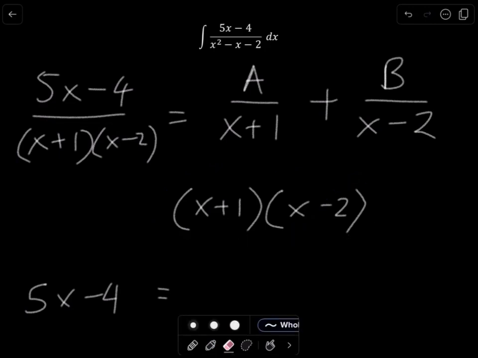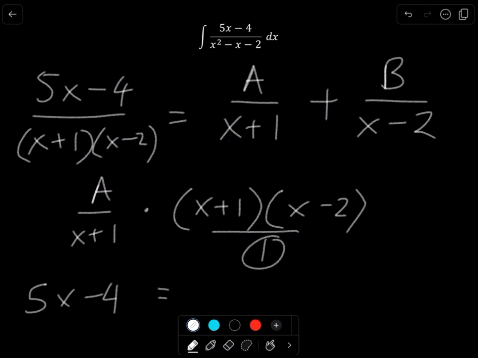So I'm going to multiply a into x plus 1. In fact, let me write it out here so you can see it. A over x plus 1 multiplied by x plus 1 into x minus 2 over 1. You can write the 1 there, it doesn't matter. Can you see how the x plus 1 and the x plus 1 will cancel off? But the x minus 2 does not cancel off.